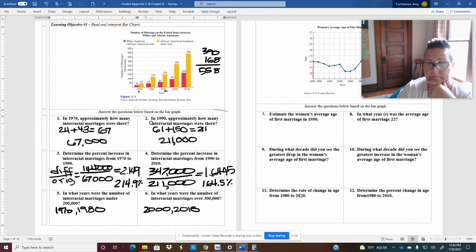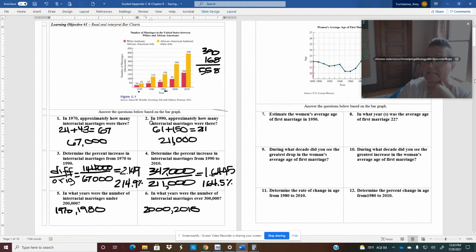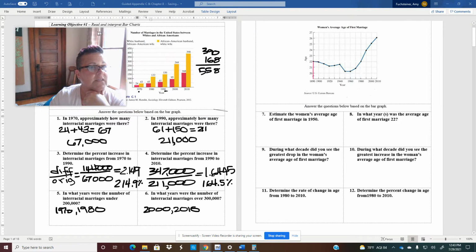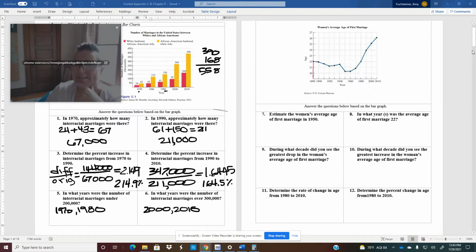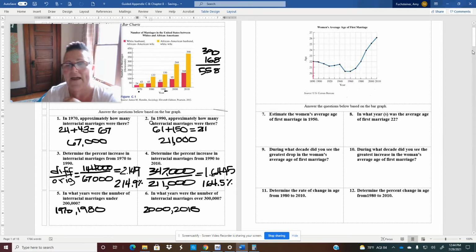All right. Okay, I'm going to move my face to the other side. There we go. And then I'm going to go ahead and do this one with the line graphs. Now, as we take a look at the line graphs, this is women's average age of first marriage. They've tracked this data from 1890 all the way up to 2010. You can see that the horizontal axis shows the years, skipping by tens.